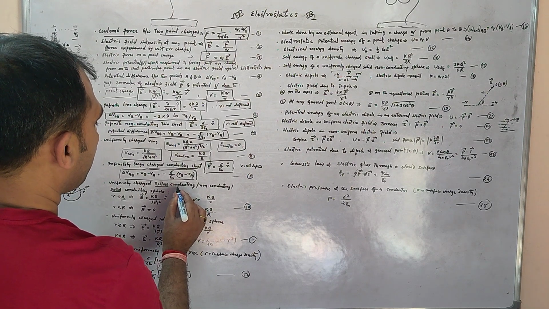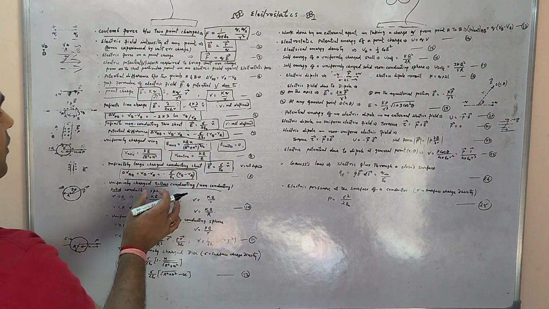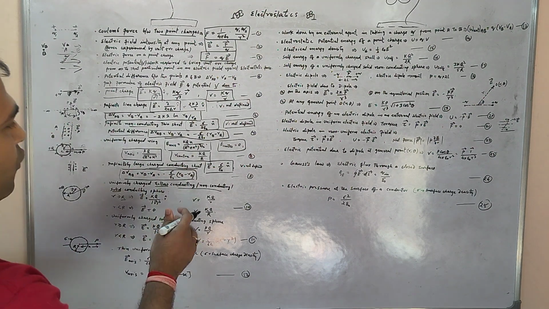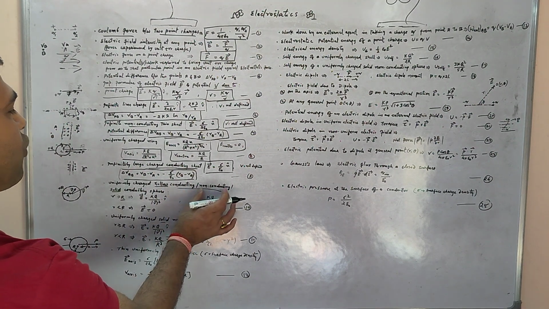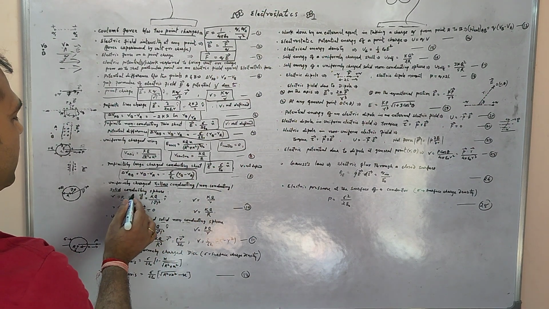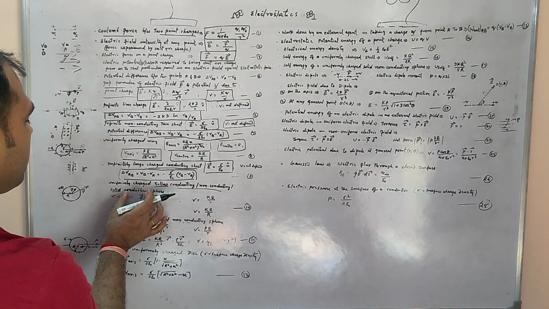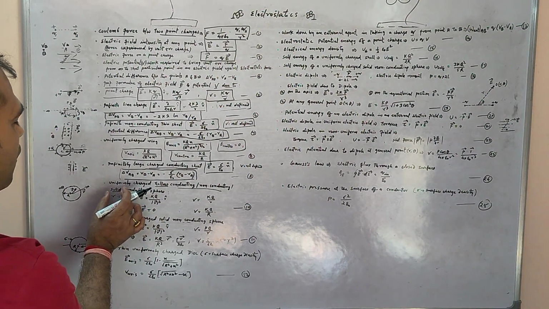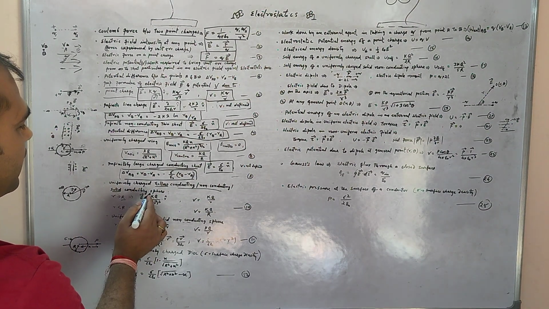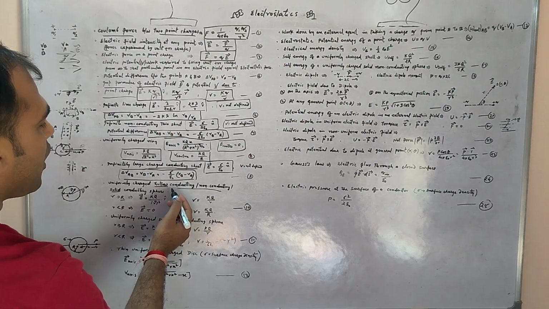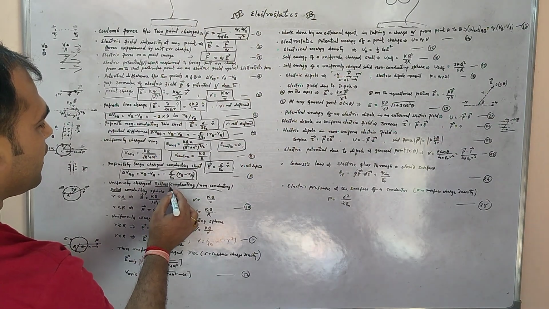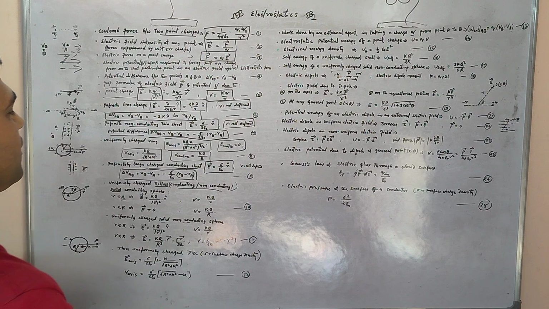conducting or non-conducting. If a sphere is hollow, then it may be conducting or non-conducting, but if it is conducting, then this is the formula for solid conducting and hollow conducting as well as non-conducting.